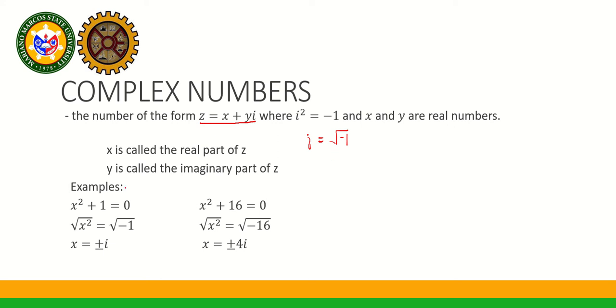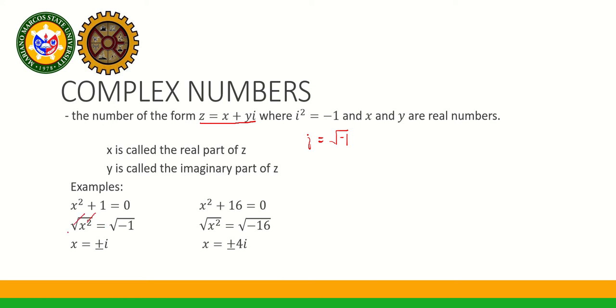Okay, so for example, x squared plus 1 is equal to 0. If you try to find the value of x, syempre itra-transpose mo si positive 1 to the right side, so magiging -1. And since x yung hinahanap mong variable, kailangan mo siyang i-square root to cancel yung exponent na 2.